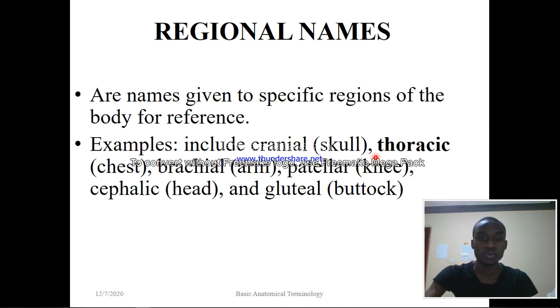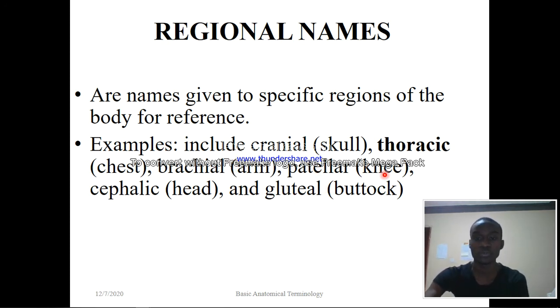The thoracic term is an anatomical descriptive term referring to the chest region. The brachial term refers to the arm region, so something located in the arms is in the brachial region of the body.